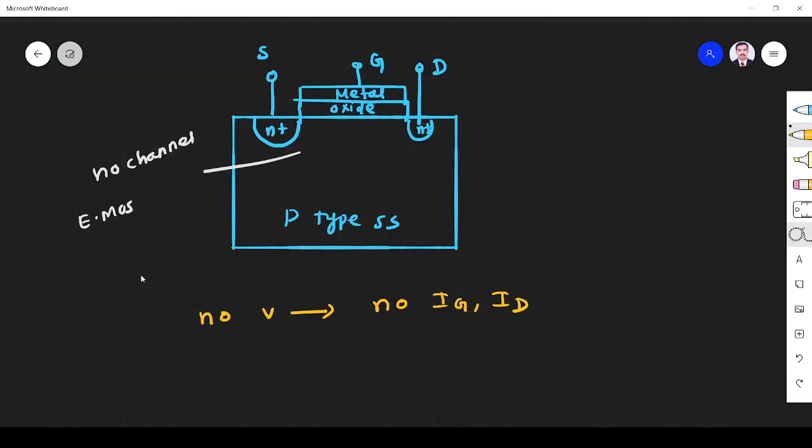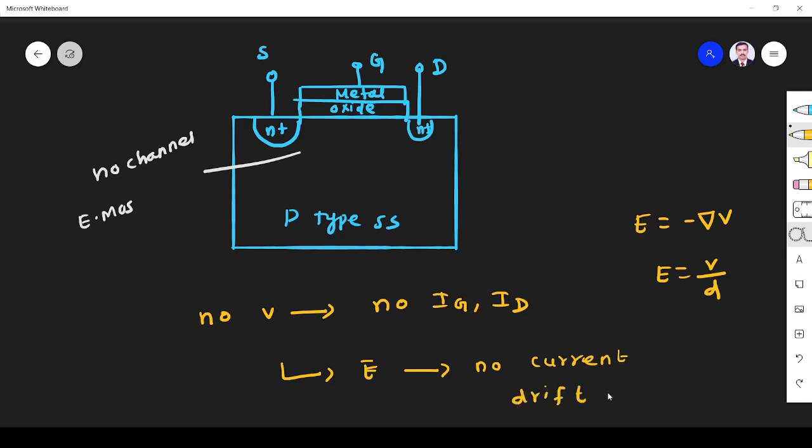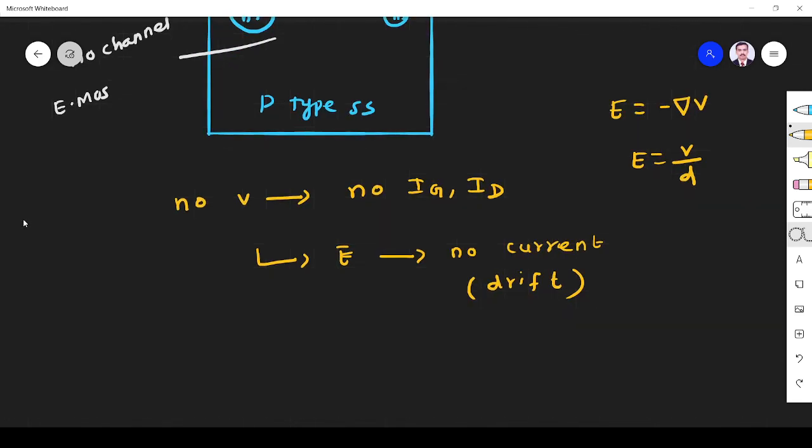Since there is no voltage, there is no electric field, because we know the relationship between electric field and potential: E is equal to minus dV/dx in point form, or E is equal to V by d. Since V is 0, there is no electric field, so no current. Which current is due to the electric field? Drift current. There is no drift current, so the MOSFET is considered to be off.